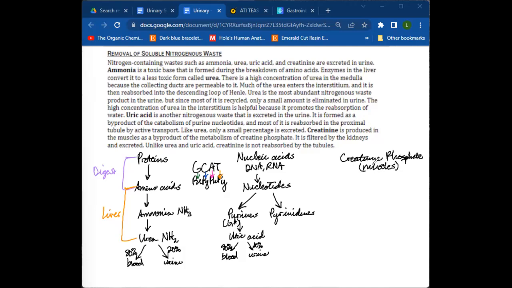The creatine phosphate can be broken down into creatinine, but we need to know that all of the creatinine is going to go in the urine. All of it. None of it is going to go back into the blood. It's taken out at the proximal convoluted tubule and it's never put back into the blood.